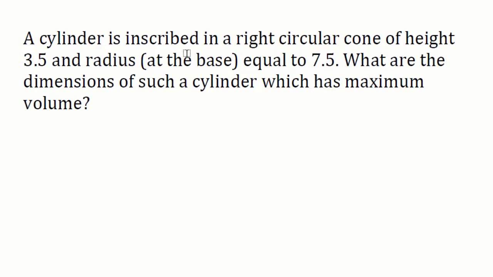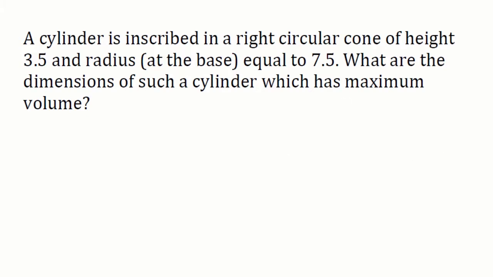The problem is a little unclear about the units. You can go with centimeters or inches, because when it comes down to an actual math problem, units shouldn't matter too much. What are the dimensions of such a cylinder which has maximum volume?